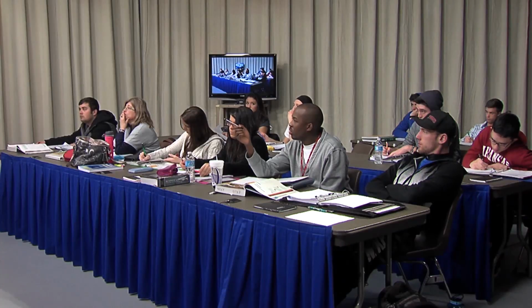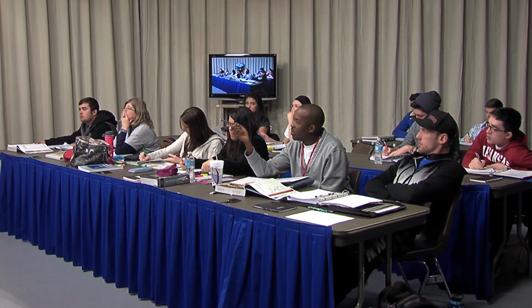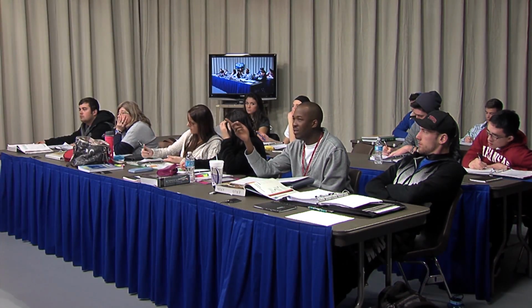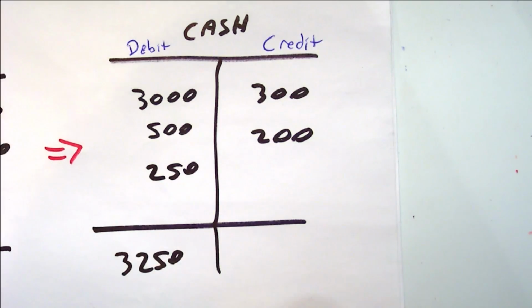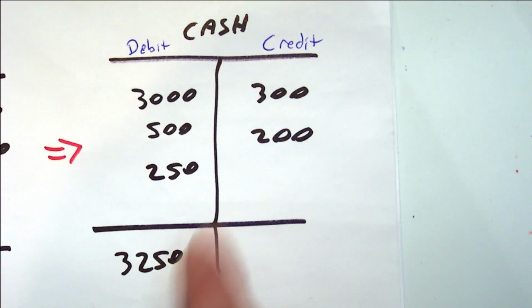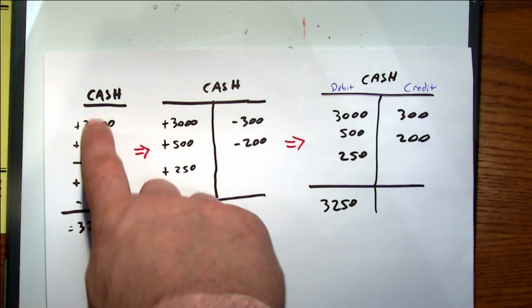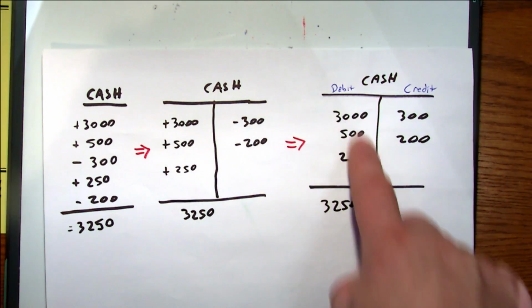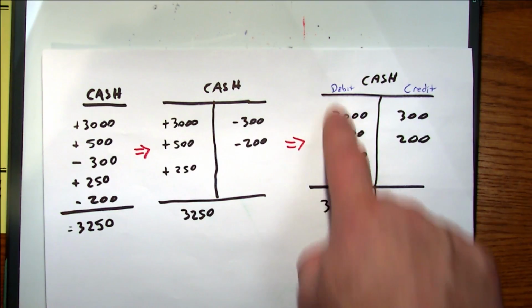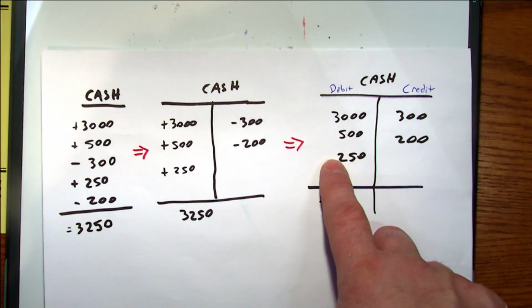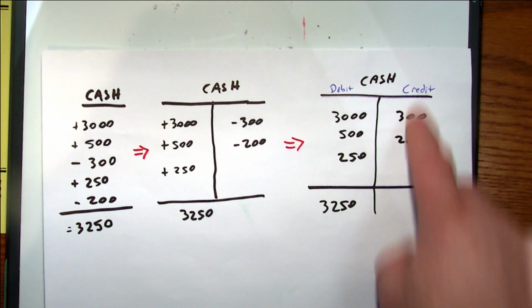And let me tell you how your brain works. Maybe, let me say that again in case I said it wrong. For this cash, the increases are on this left side. The decreases are on the right side.